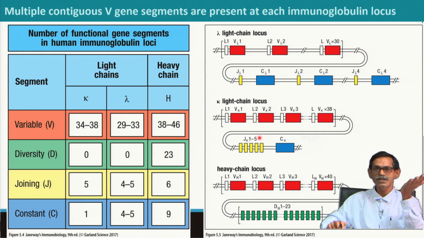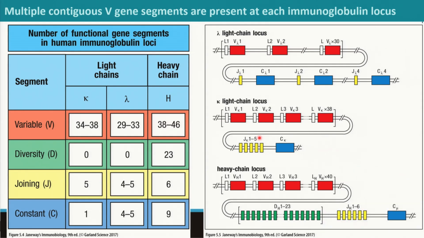So, what will be the number possible? It is very simple mathematics. How many different kinds of variable segments can we have? The mathematics is very simple: 38 times 5. If randomly any variable region can join with any joining region, the total variability will be 38 into 5.